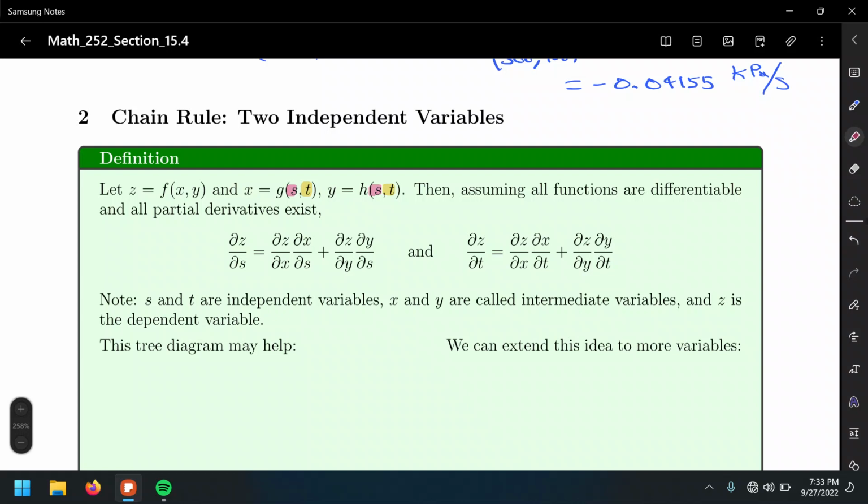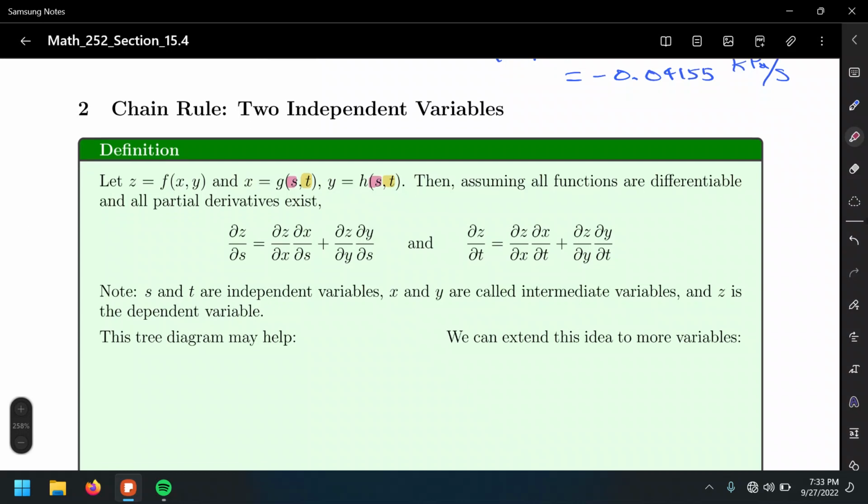All right, so let's call this s and t the independent variables, because those are the very last ones in the derivative that we mentioned, and this x and y are the intermediate variables, and z is of course the given function that's going to be our dependent variable. So z is the dependent variable.